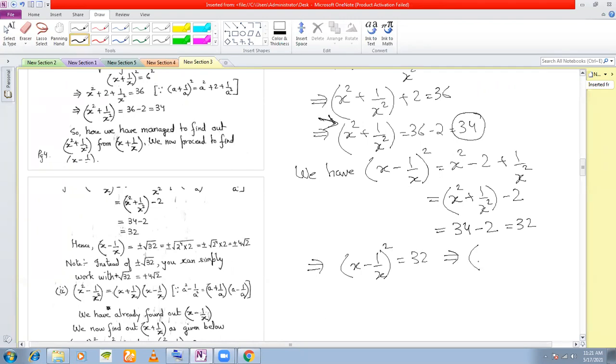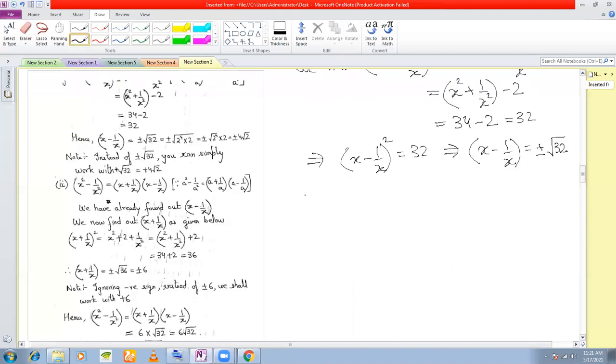That means x minus 1 by x is equal to plus or minus square root of 32. We can take the positive sign only. Now root 32 is a pure surd. You can convert it to a mixed surd. If you prime factorize 32, you will get 2 to the power of 5, which you can write as 2 square into 2 square into 2.